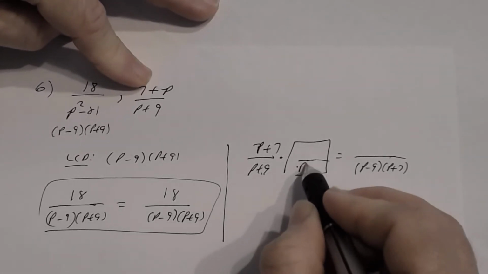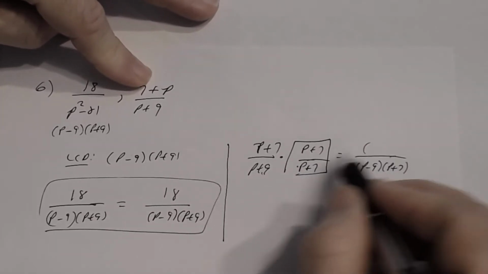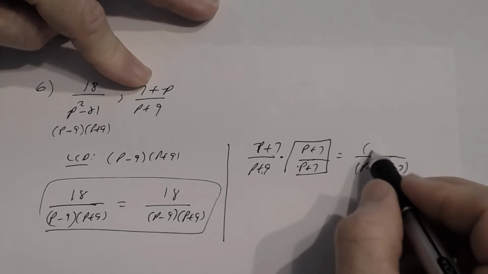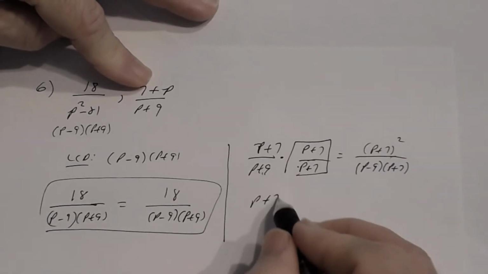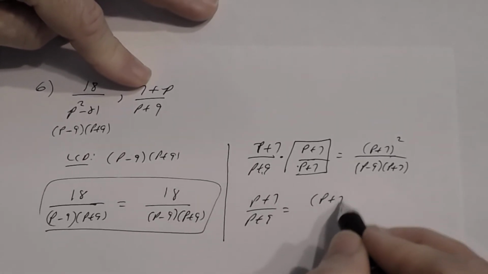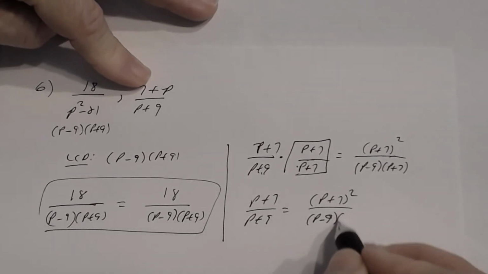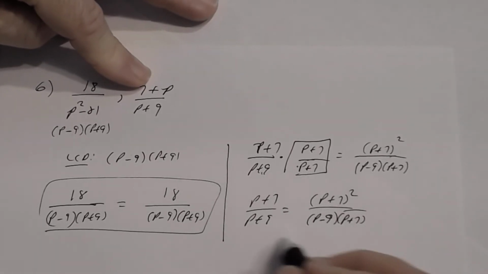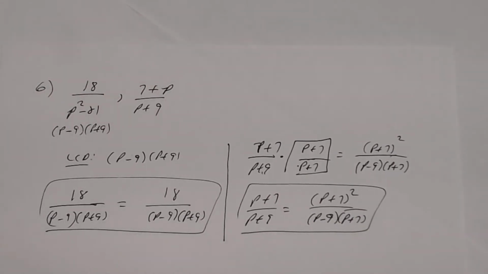So I've got to multiply that by p plus 7 over p plus 7. So basically what you have here is p plus 7 times p plus 7 is p plus 7 squared. So p plus 7 divided by p plus 9 is equivalent to p plus 7 squared divided by p minus 9 times p plus 7. Okay? And then if you want, you can foil the numerator out.